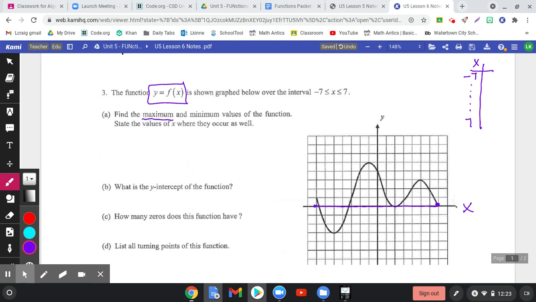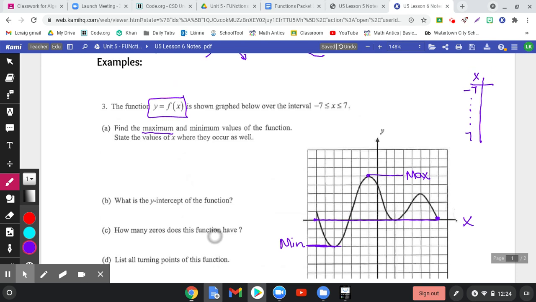So the max, and it's helpful to label, is the very top. So this is the very top point right there. So that's your max. And the very bottom point is down here. There's your min. All right, so our max looks like it gets up to 5. If you wanted to state that point, it would be the point (-1, 5).